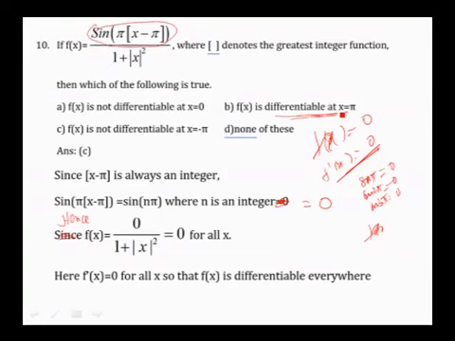Here the option is actually not C, not differentiable; the option is B. Correct that a little, option is B. You can even modify this and write f(x) is differentiable everywhere; there is nothing wrong.